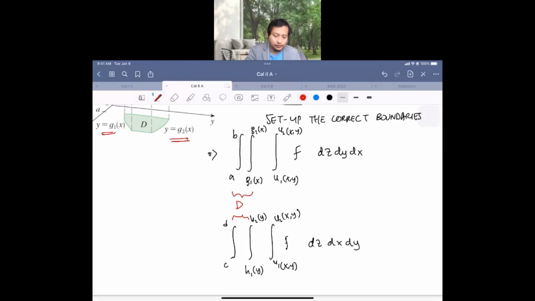And of course, the last two here will be the D. Okay, so we could have two kinds of D and three kinds of the function of two variables: xy, yz, xz.